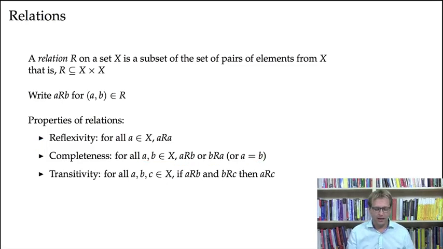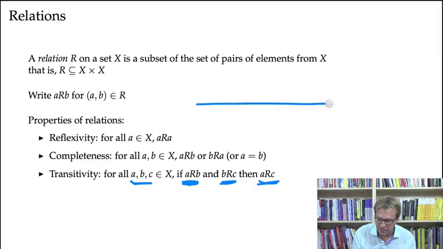Now, transitivity says for any three elements, A, B, and C, if A is related to B and B is related to C, then A has to be related to C. To think of a concrete example, think of numbers on the number line and the relation less than or equal to.